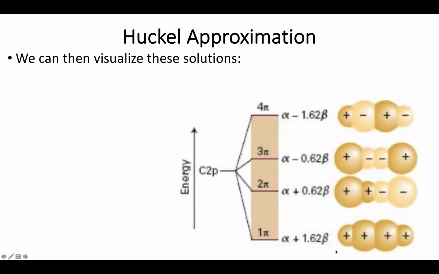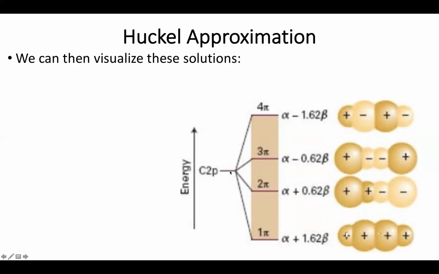So what we end up finding is something that looks rather like what we talked about so far with diatomic systems, but now I've scaled it up to be spread over 4 atoms instead of 2. So I'm blending together 4 atomic orbitals, and I'm going to have one orbital that goes way down in energy, one that goes way up. And the one that goes way down has everybody lined up in phase. So there are no nodes running in between, which is what provides it being so low in energy.